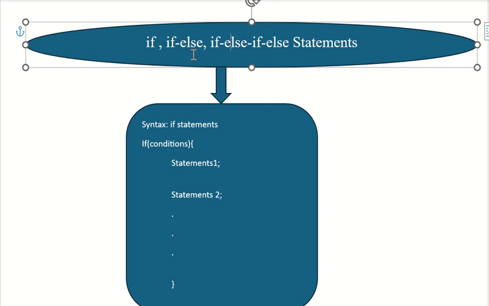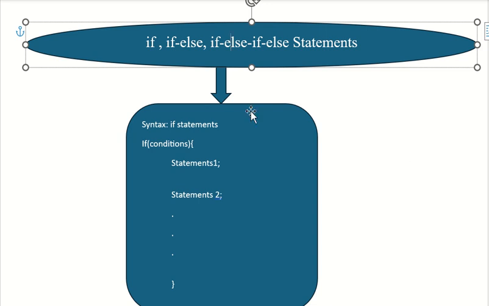So how do you perform that? For that perspective we use the if, if else, or else if statement. I will discuss it with an example, don't worry, and try to understand the syntax part.